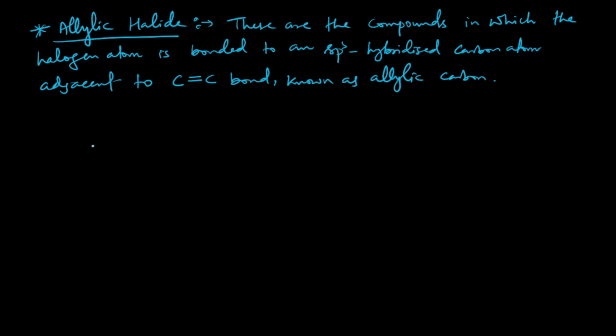How do we see it? This is CH2, this is CH, and here one CH3 is there. Then we put the halide group over here, CH2 and X. This position we call the allylic position.